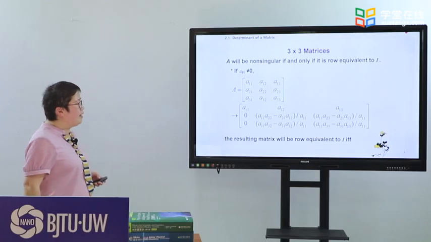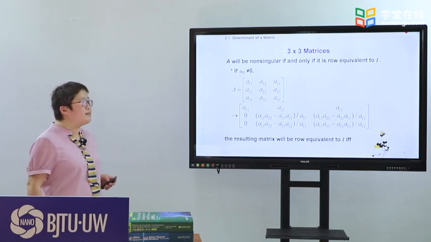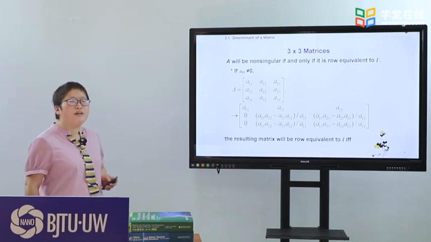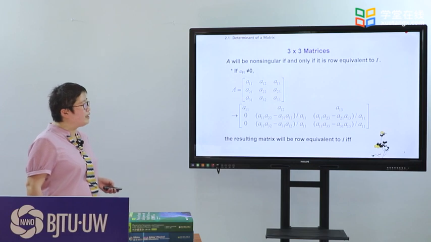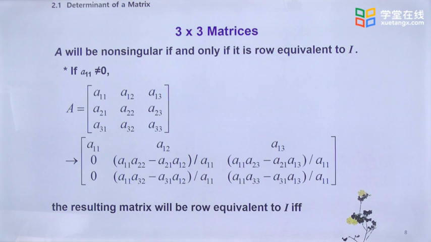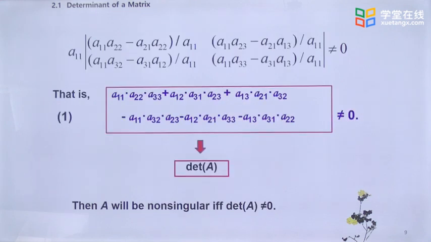To see if this matrix can be transformed equivalently to the identity matrix, you only need to check this 2 by 2 submatrix. The resulting matrix will be row equivalent to I if and only if the determinant of this submatrix does not equal 0.